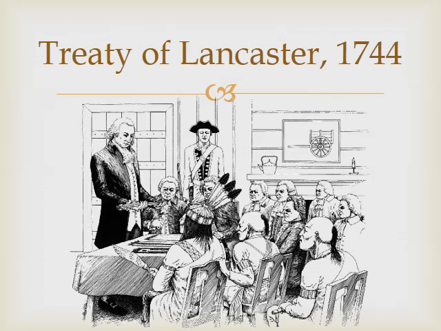Now in 1744, the Iroquois ceded claims to the Ohio Valley to the colony of Virginia. This happened with the Treaty of Lancaster. So again, the Iroquois gave up claims to the Ohio Valley to Virginia. And by early 1745, Virginia had granted over 300,000 acres to a group of planters called the Ohio Company of Virginia.